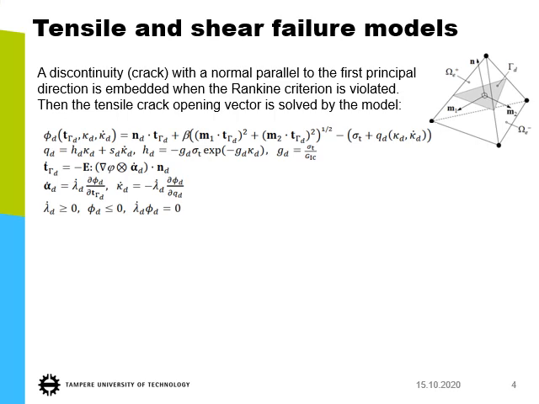The first term here is the normal term of the traction, and the second one is the shear term. And the beta here is the shear retention, shear control parameter, so you can adjust its contribution to the loading function.